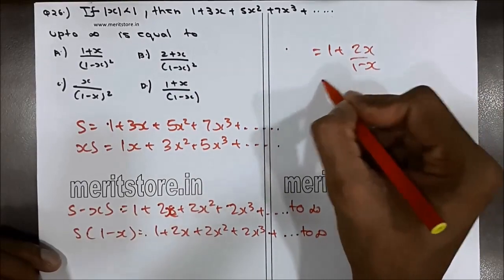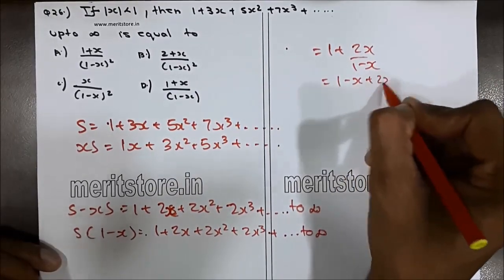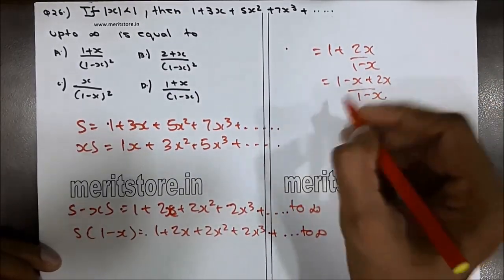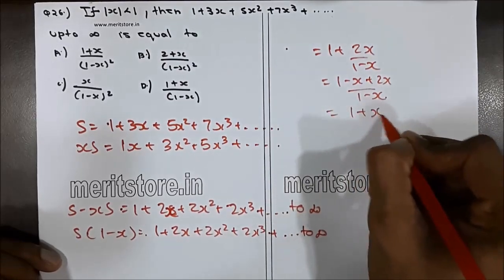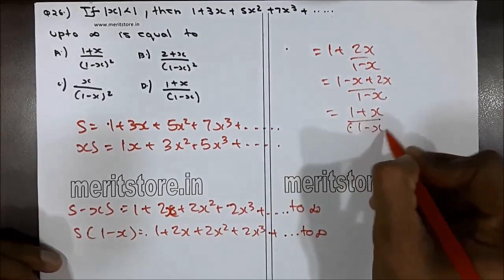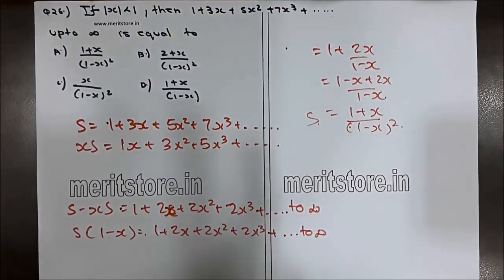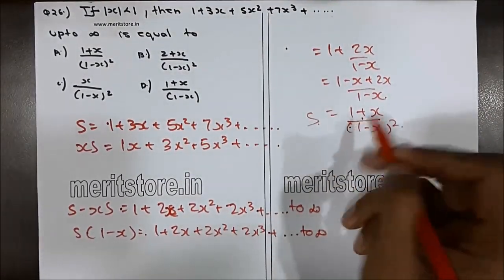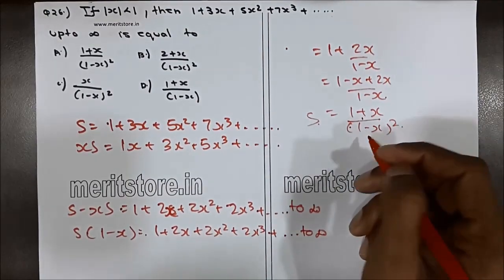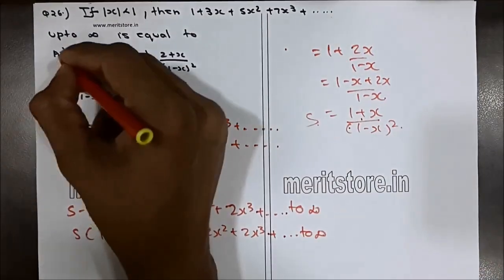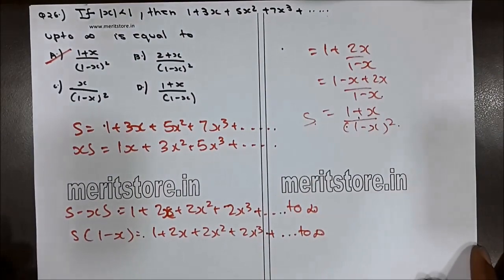We solve this, we get (1 - x + 2x)/(1 - x), which is (1 + x)/(1 - x). Therefore s is equal to ((1 + x)/(1 - x))², which is our option A. Therefore option A is the correct answer.